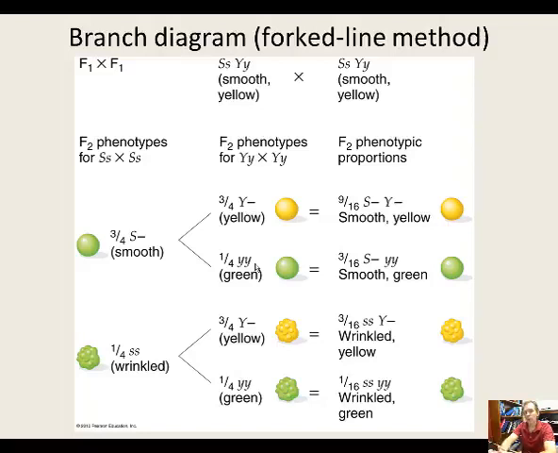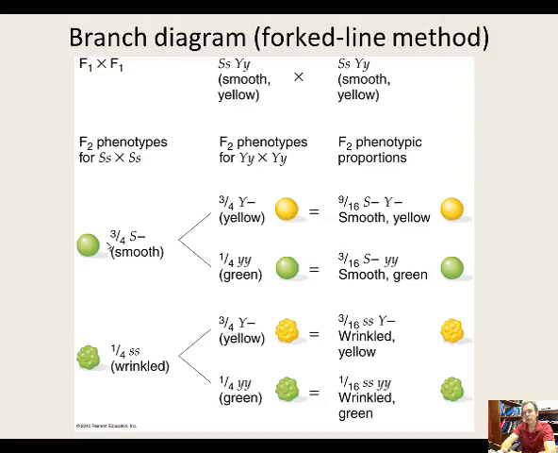We're assuming that fertilization is completely random so that each smooth seed has an equal probability of matching up with a yellow or a green. That's why this fork line is shown equal, one this direction, one this direction. So to figure out the ratio that are smooth and yellow, we multiply. And it's kind of like a probability.